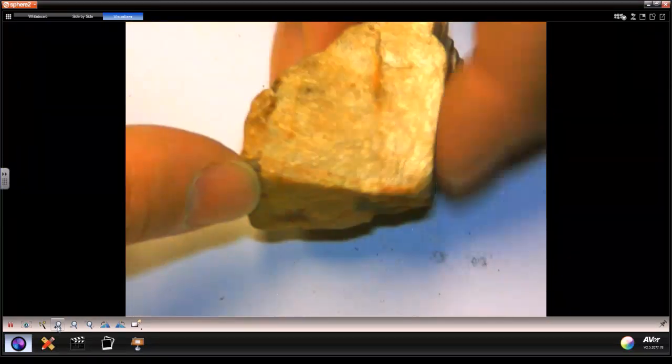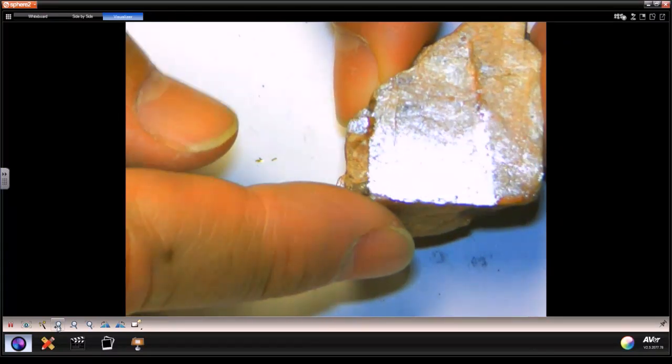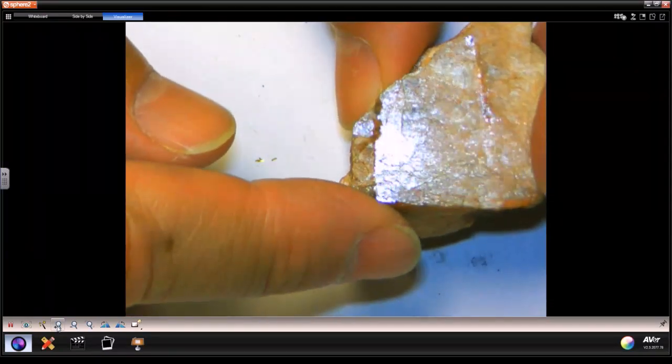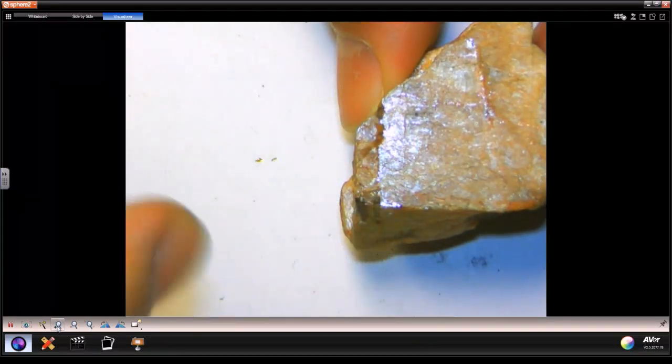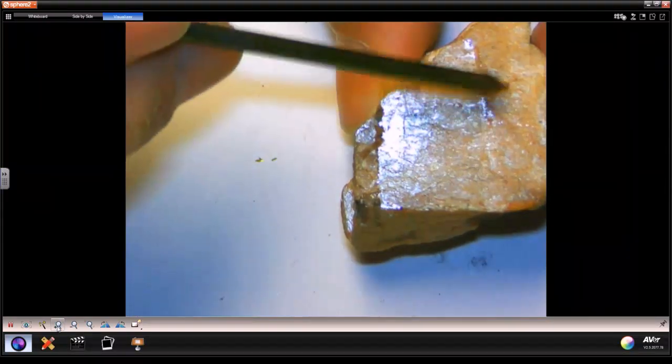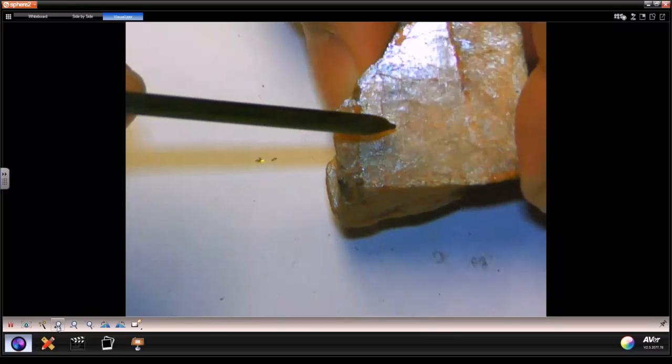Now, for most cleavage surfaces, we should be able to turn it over and find its mirror on the other side, which may also contain stair steps as well. Rotating it to get some reflection. We see a few in this sample. They're not excellent, I will say. Over here, you see one stair step or layer there. When you see these things up close, let me flip it over one more time.